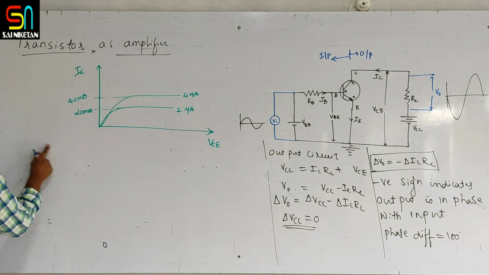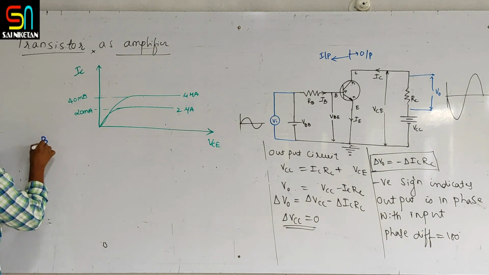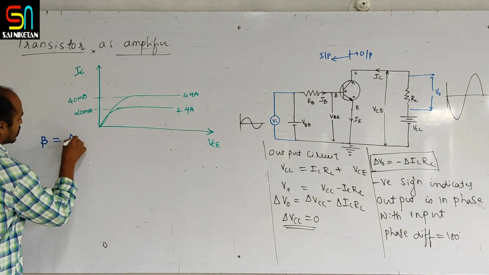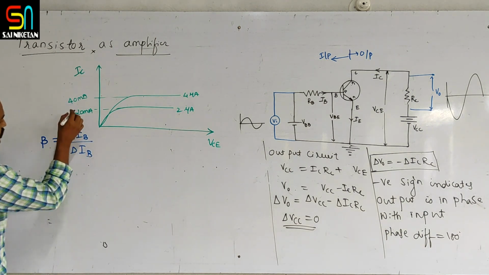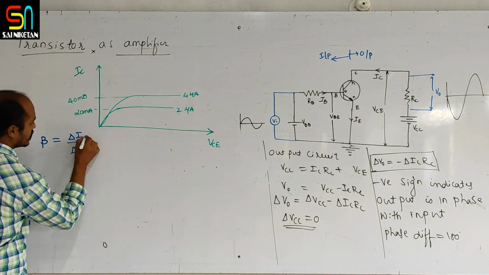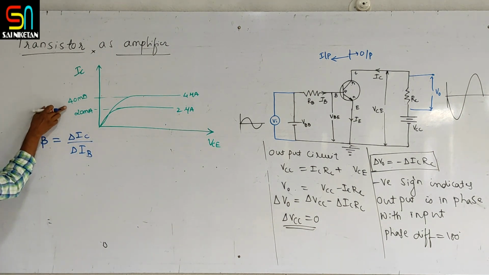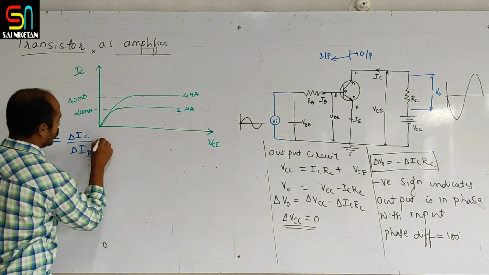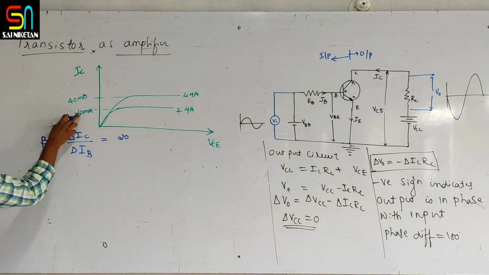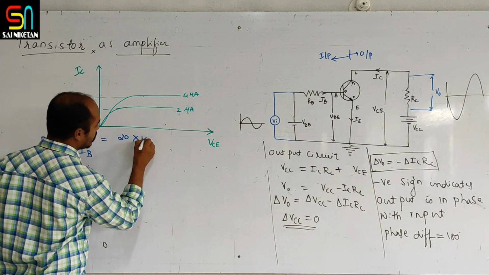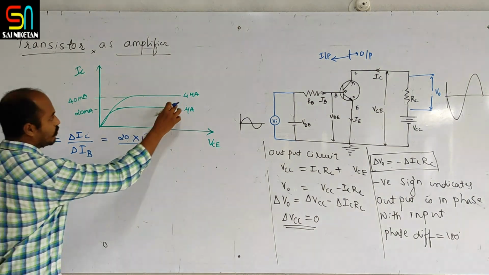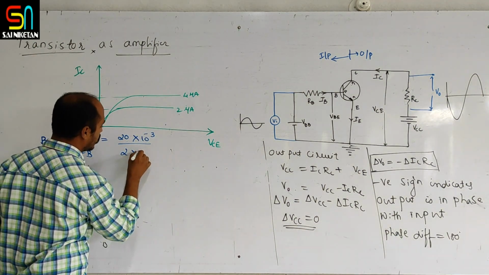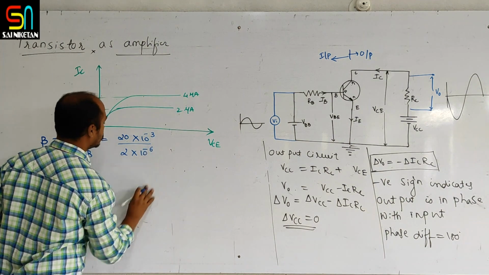The current amplification factor beta is equal to change in output current divided by change in input current. The change in output current delta IC is 40 minus 20, because change means final minus initial, which is 20 milliampere. So I multiply it by 10 raised to minus 3, divided by the change in input current, from 2 to 4, which is 2 into 10 raised to minus 6.